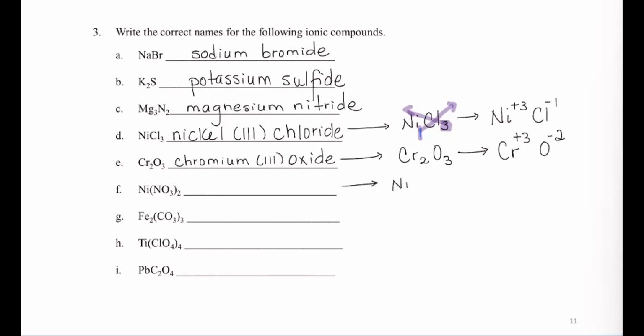I have Ni in parentheses, I have NO3. We learned a few moments ago about polyatomic ions. So the two components of this ionic compound are Ni, which is my cation, and NO3, which is my anion. I went ahead and put the charge.